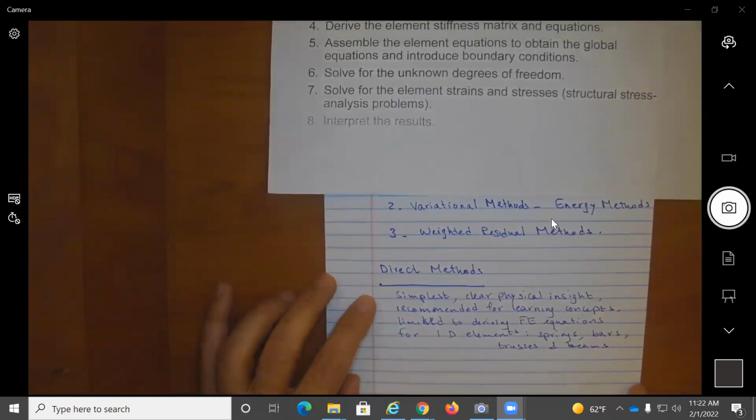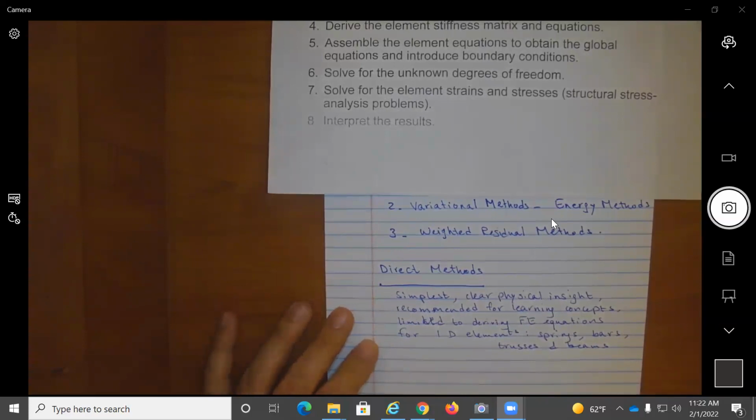And in the direct methods, as they apply to structures, there are 2 approaches.